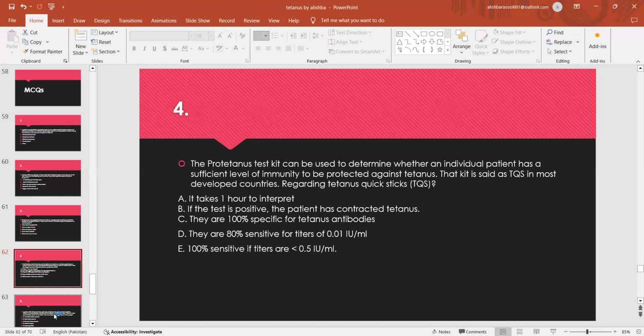E, 100% sensitive if titers are less than 0.5 IU per ml. Does anyone like to answer this? It's C, they are 100% specific for tetanus antibodies.